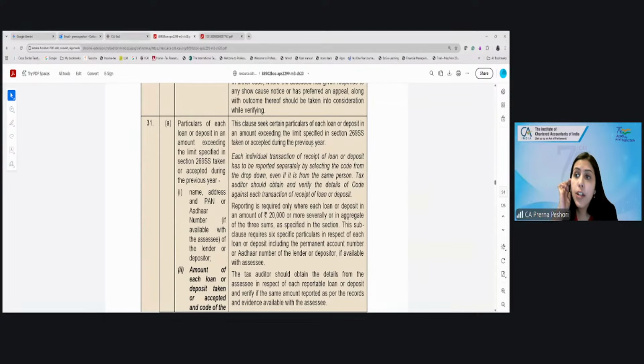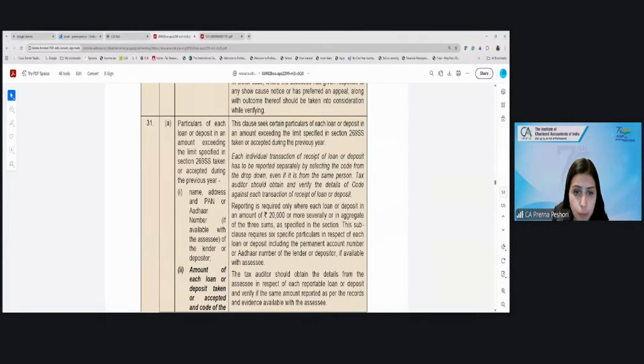Even if you have accepted a loan as well as an amount in respect of transfer of immovable property from the same person, then both need to be reported separately. And reporting is only required when the amount is more than 20,000, either together or in individual cases.